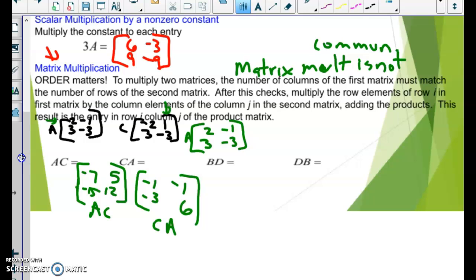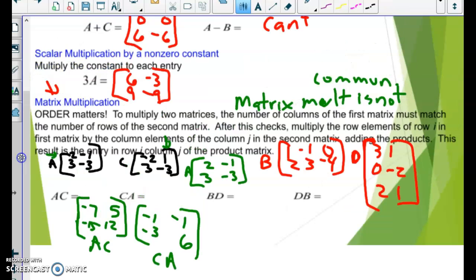I'm going to pause and write the matrices down. So we're going to multiply B times D that I have written there now. And like I said above, this is 2 rows, 3 columns. This is 3 rows, 2 columns. So since those are the same, we're able to multiply. The answer that we get will be a 2 by 2.